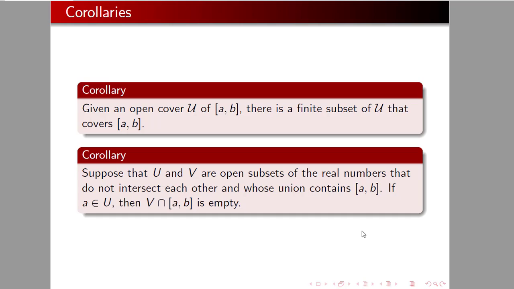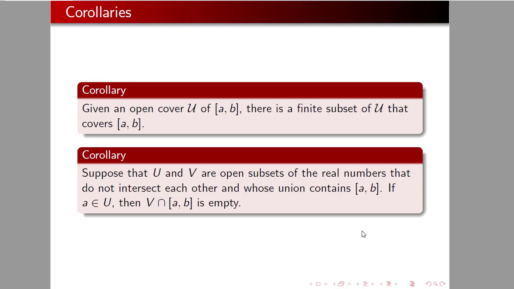For the second corollary, let's suppose that U and V are open subsets of the real numbers that do not intersect each other and whose union contains AB. If A is contained in U, then V intersect AB is empty. Again, U and V would constitute a cover of the closed interval.